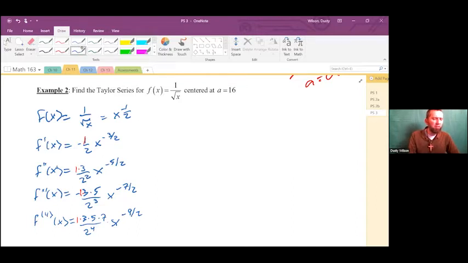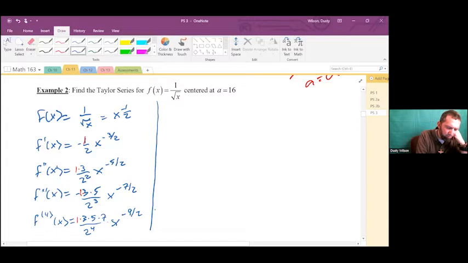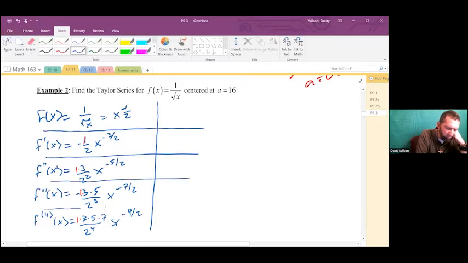So we have our derivatives, and now we need to evaluate those derivatives at a. Here we're going to go at a equals 16.